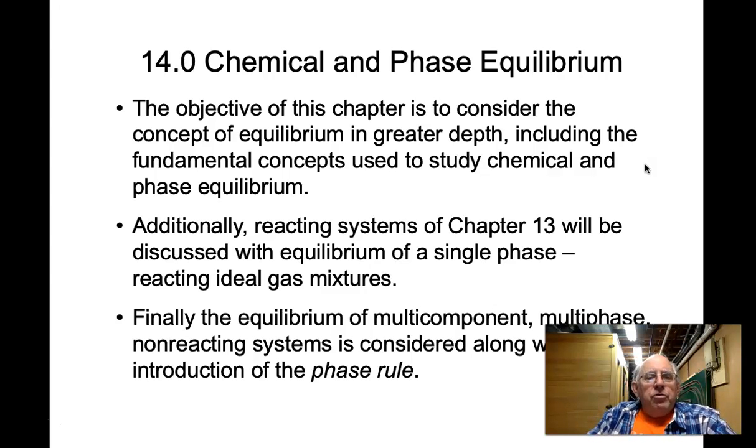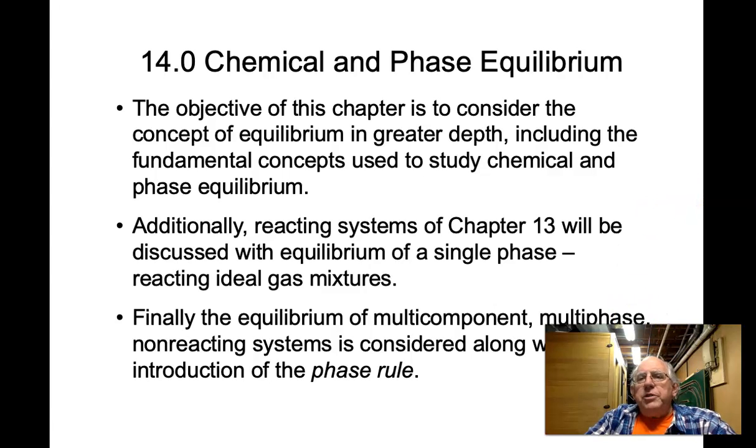And in chapter 13, we primarily dealt with an equilibrium system, as we have been throughout thermodynamics, dealing with single phases. Most of our substances were of the gaseous phase, even though we could possibly allow liquid phases to be associated with the products as well as the reactants.